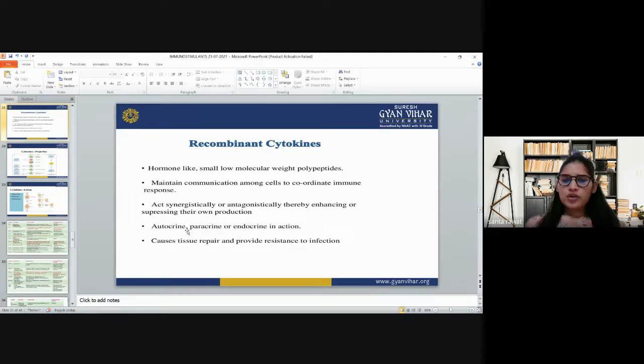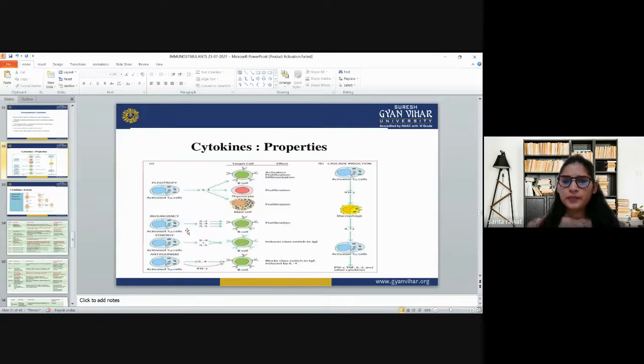They act in autocrine, paracrine, or endocrine fashion. They cause tissue repair and provide resistance to infections. Now, these are the cytokine properties. So, as you can see, they are produced by the activated TH cell.